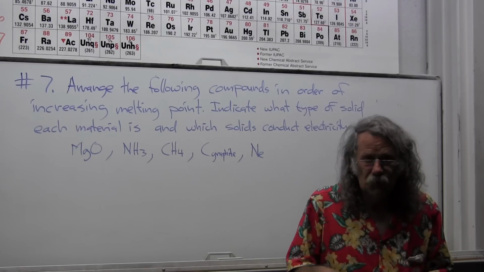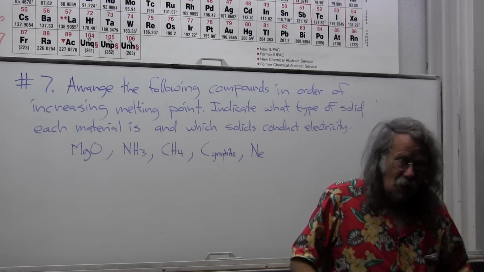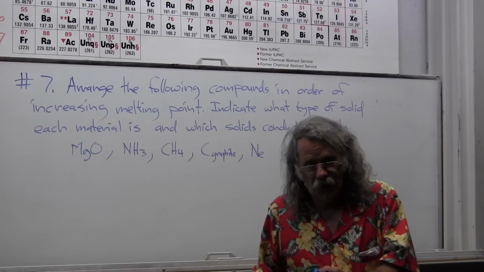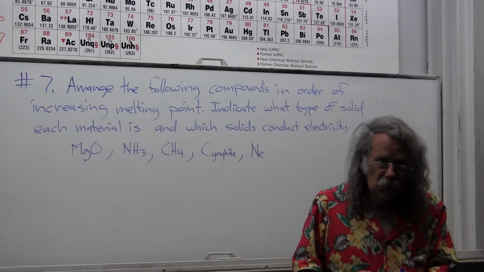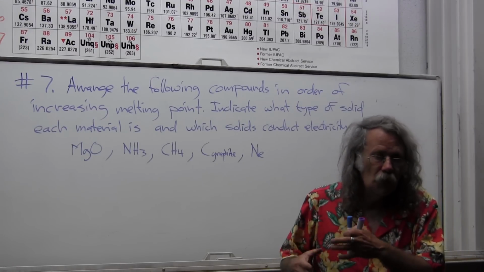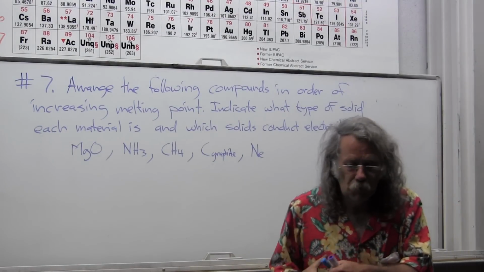If it has dipole interactions and hydrogen bonding interactions, then the hydrogen bonding interactions have the greatest magnitude, and I would expect the one that has the most is going to have the highest melting point.